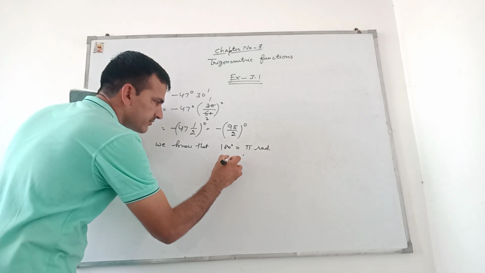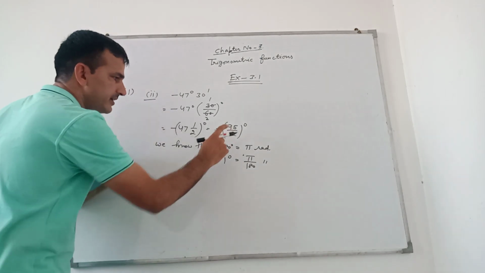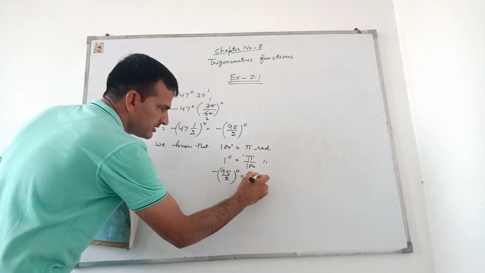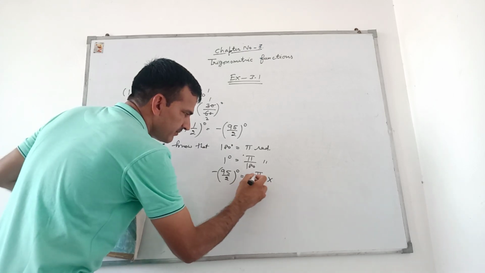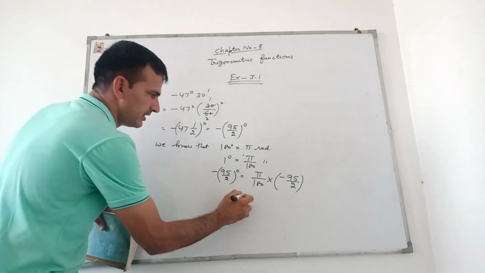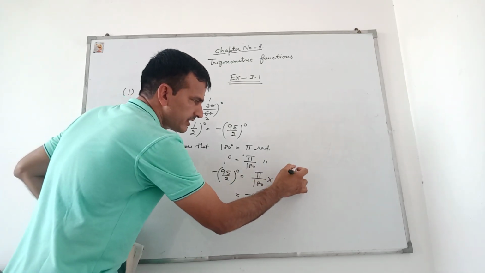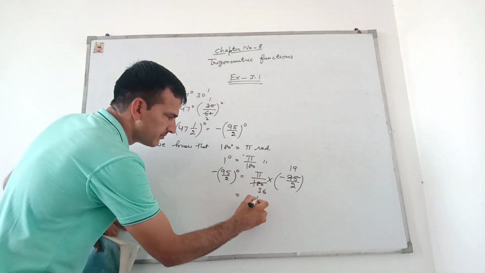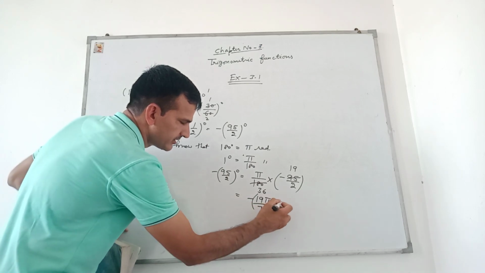Then 1 degree equal to pi by 180 radian, and minus 95 by 2 degree becomes pi by 180 multiply minus 95 by 2, and this becomes minus, cancel out 5 and 19, beta 36, and this becomes minus 19 pi by 72 radian.